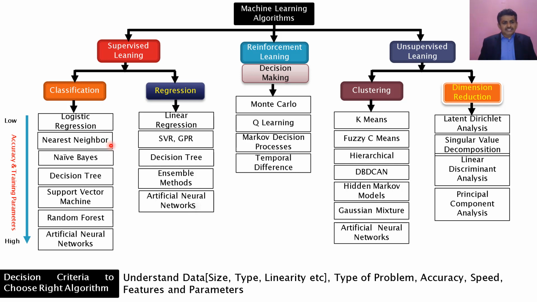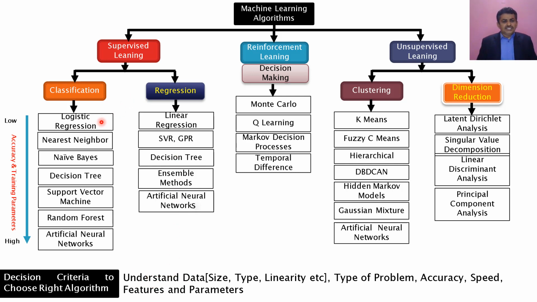Next is the nearest neighbor, then naive Bayes, decision tree, support vector machine, random forest, and artificial neural networks. These algorithms can be chosen based on criteria such as the size, type of the problem, or other parameters.